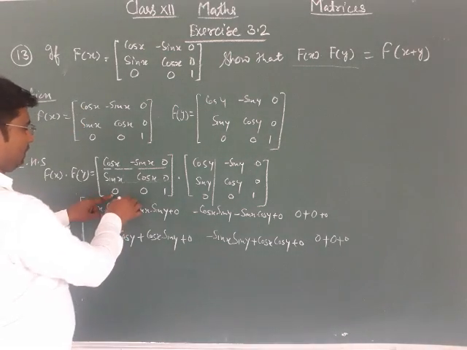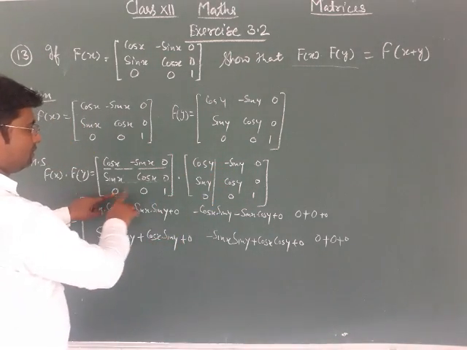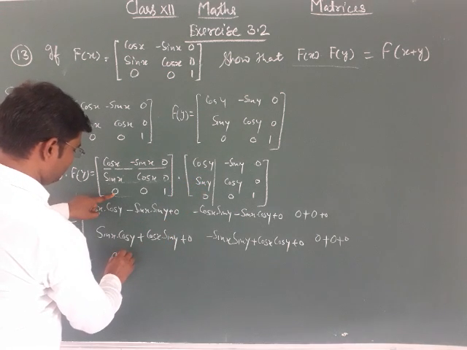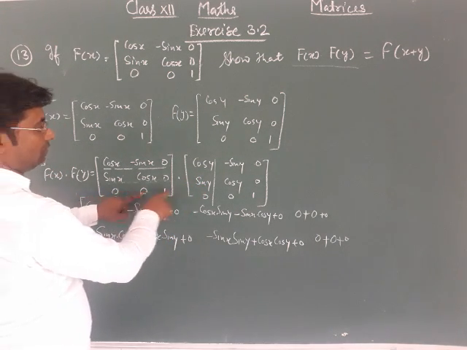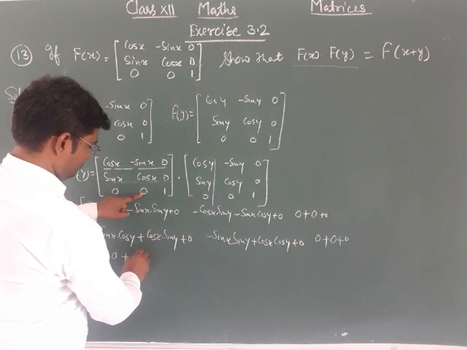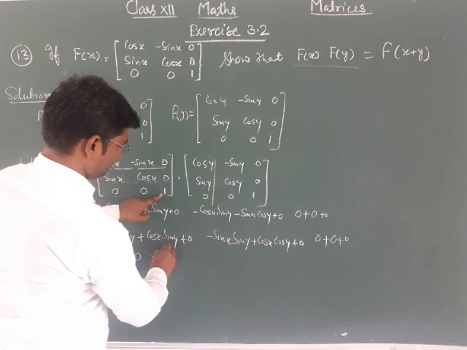So now taking the third row and first column, so 0 into cos y is 0, plus 0 into sin y is 0, and 1 into 0 plus 0.